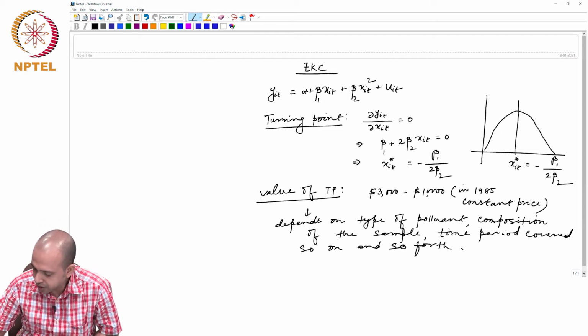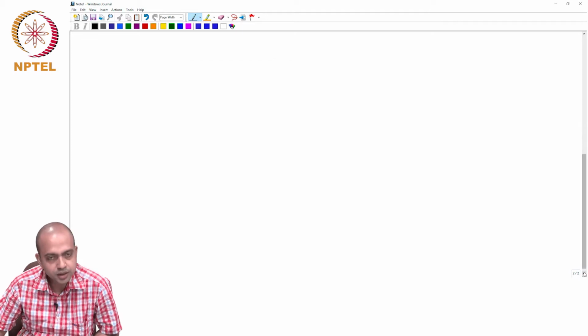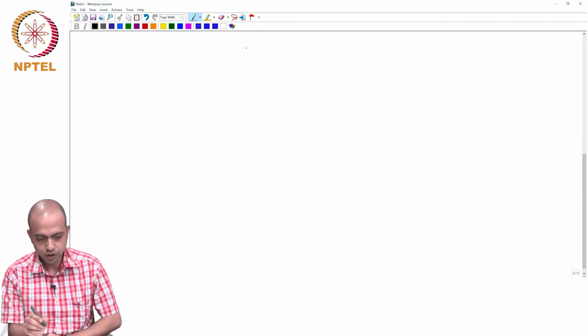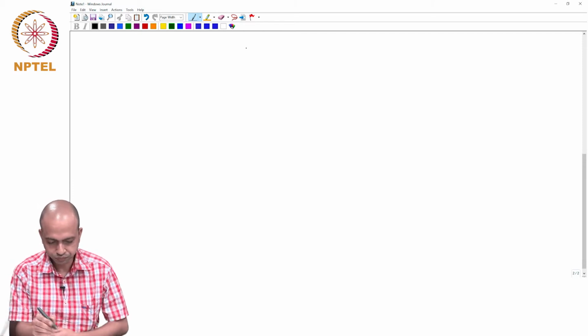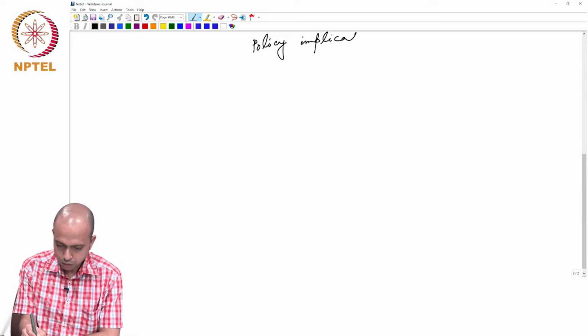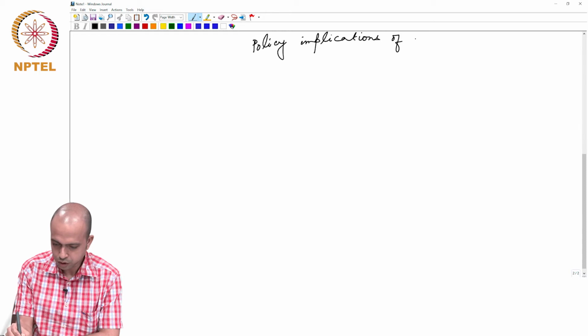The next question that we are going to ask is the policy implications of the environmental Kuznets curve. Okay. So, we will write policy implications of EKC.